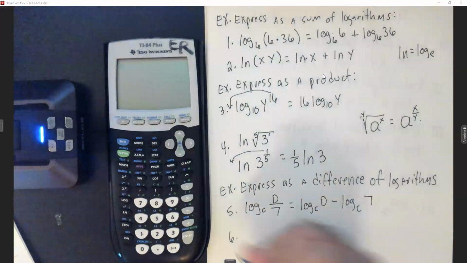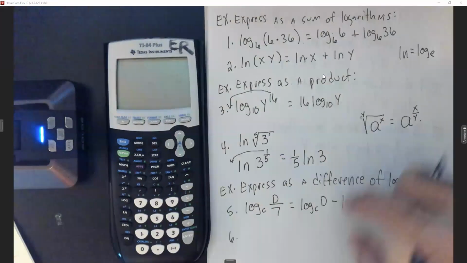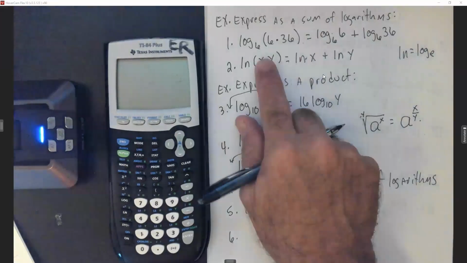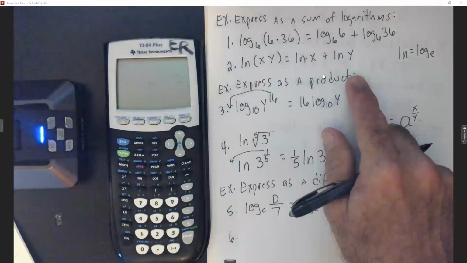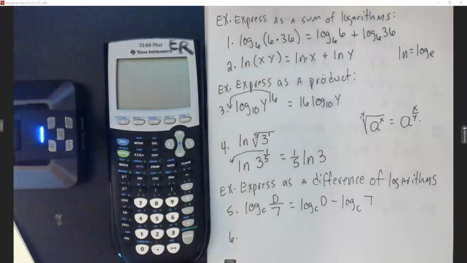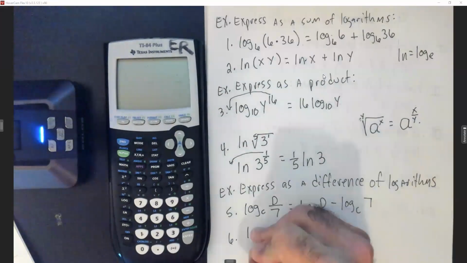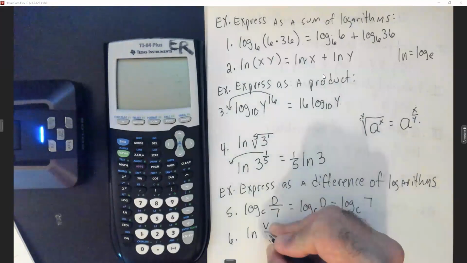And always try to remember these by what I was doing with the actual variables. When I was dividing variables, I subtracted the exponents. Up here, when I multiplied variables, I added exponents. So they sort of follow those exponent rules, okay? All right, y'all, and then this one has ln of v over w.